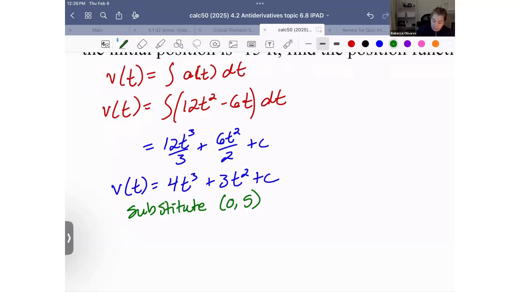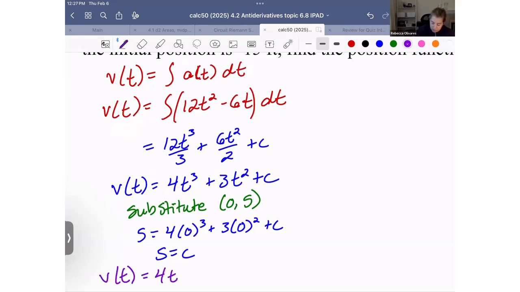It's pretty simple because you're working with 0. So we're going to have 5 equals 4 times 0 cubed plus 3 times 0 squared plus c. You can pretty much easily see that 5 is going to be c. So that makes your velocity function equal to 4t cubed plus 3t squared plus 5.